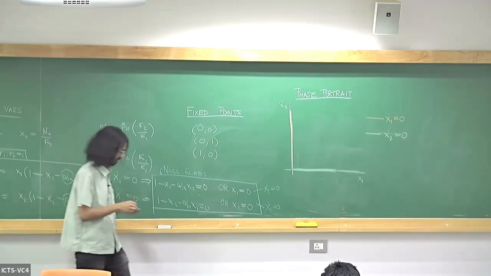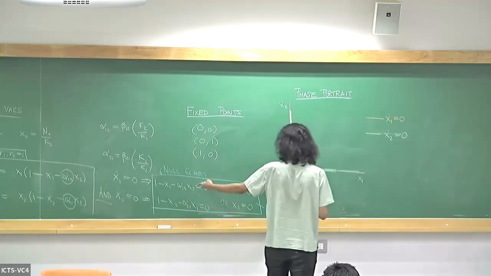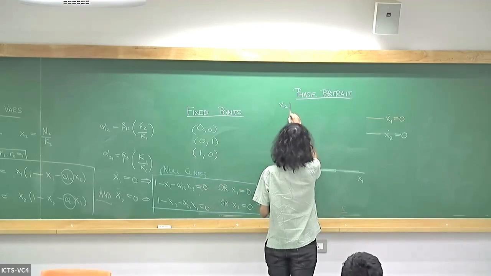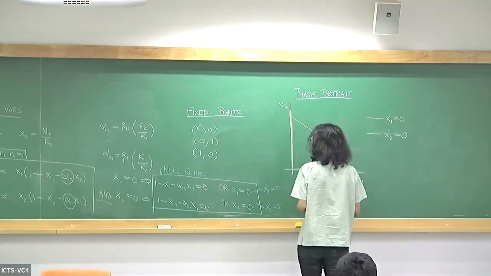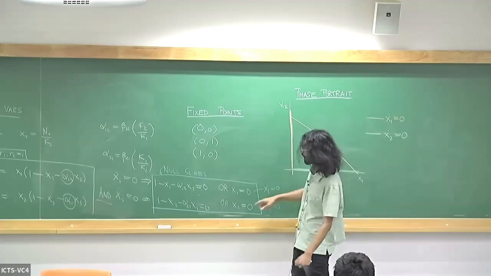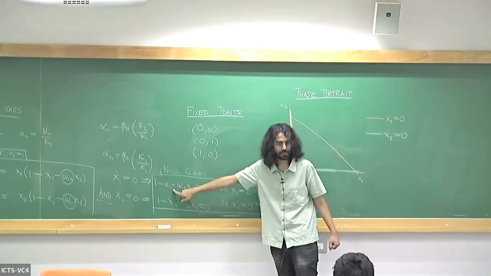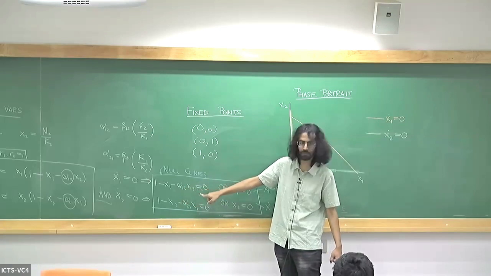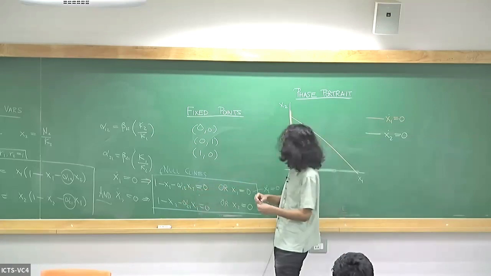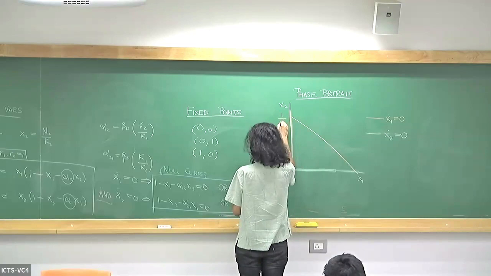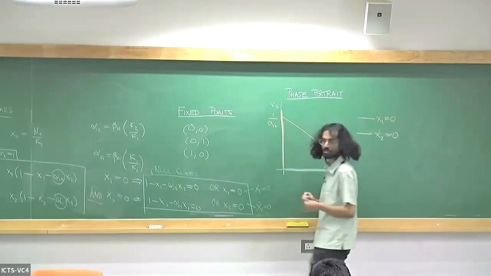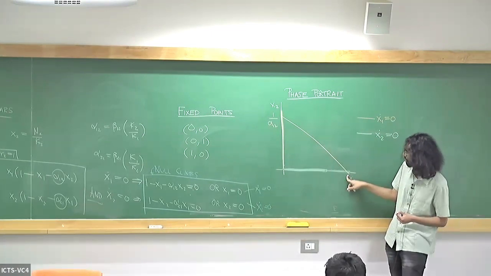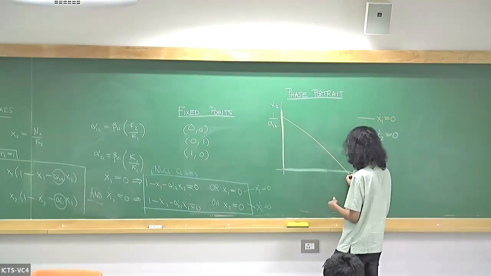They're lines. So let me draw one of them. This one is going to be some line like this, right? Why is that? Because when x1 equals 0, this is going to give me x2 equals 1 over alpha 2, right? So that point here is going to be 1 over alpha 2. And when x2 equals 0, what will I get? x1 equals 1, right?